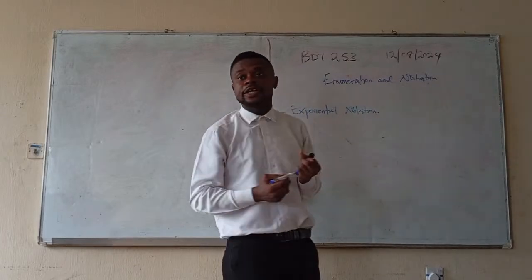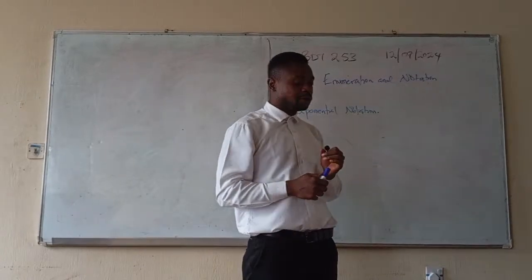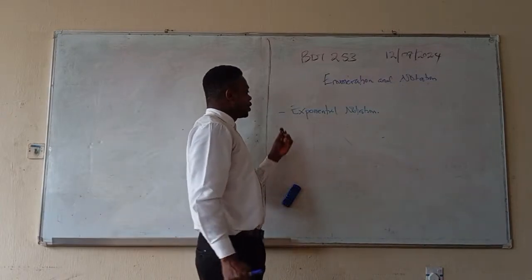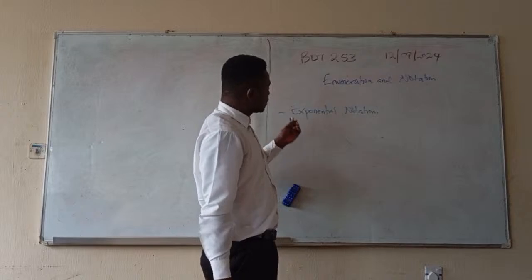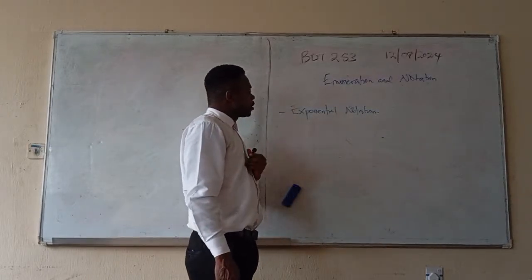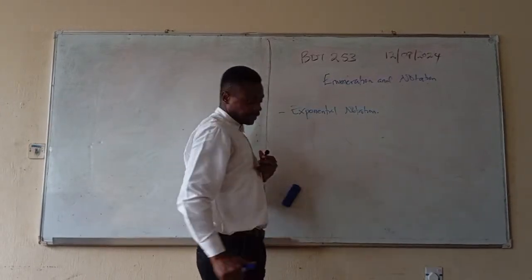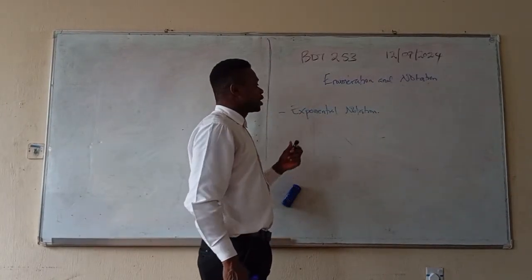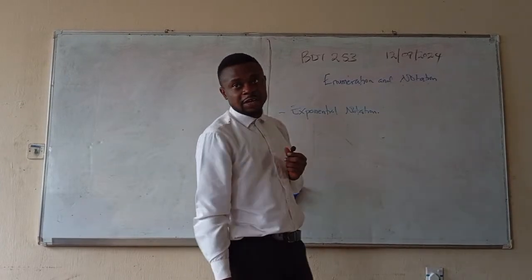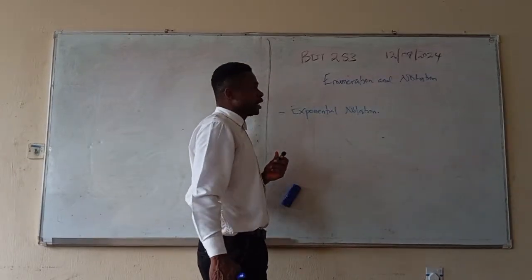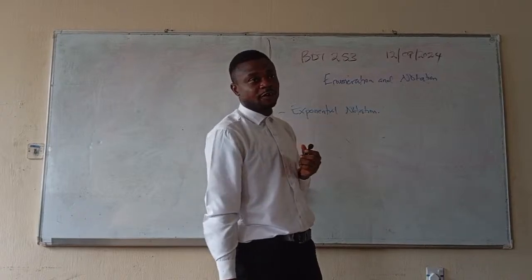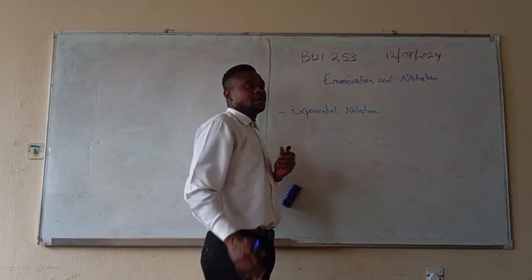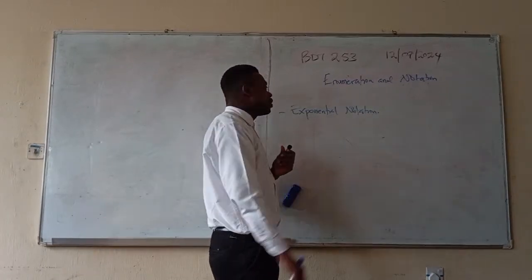Okay, we are still on the topic enumeration and notation. Yesterday we started the last subtopic under this topic, exponential notation, and we defined what an exponential notation is and how to convert from it back to numeric form.